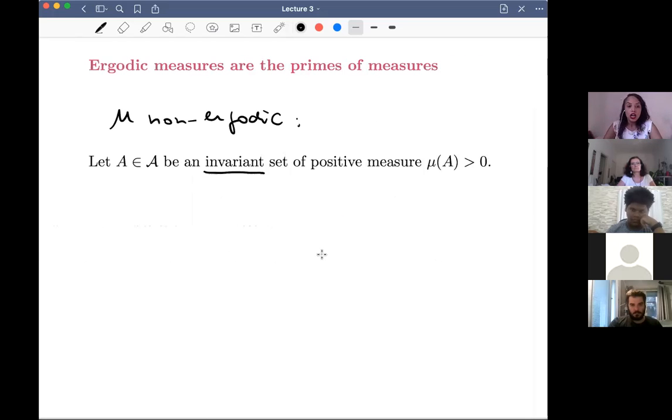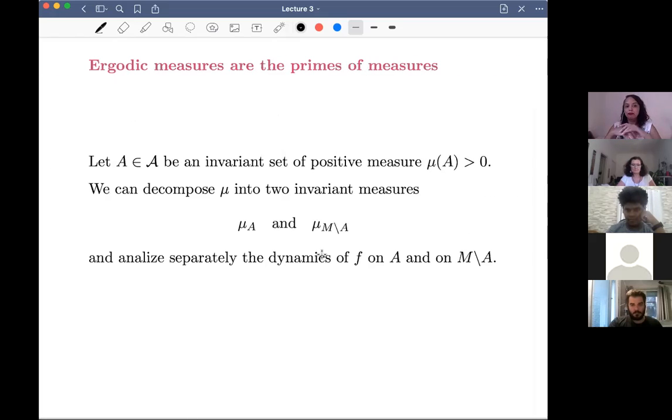Fine. So suppose you have a measure that is non-ergodic. It means that there is an invariant set that has positive measure. Then we can decompose this measure into two invariant measures. One I will call mu A, and the other one I will call mu of the complement of A. And then we could analyze the dynamics, f restricted to A and f restricted to the complement of A, using these measures.